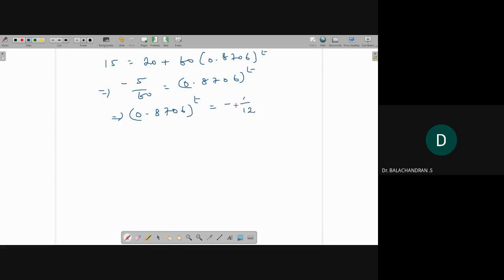So can you tell what is t? If you take log on both sides, t log base 10 0.8706, which is equal to log base 10 minus 1 by 12.